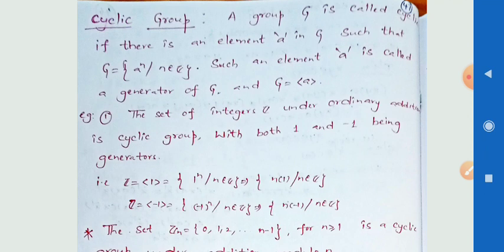The element is A. If A generates the set G, then the group G is called the cyclic group.